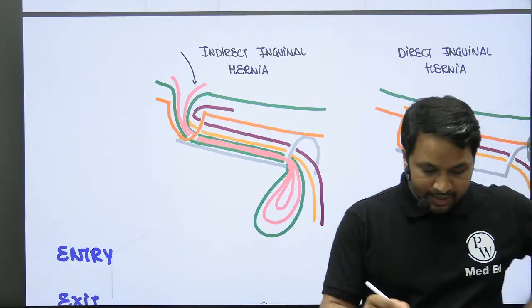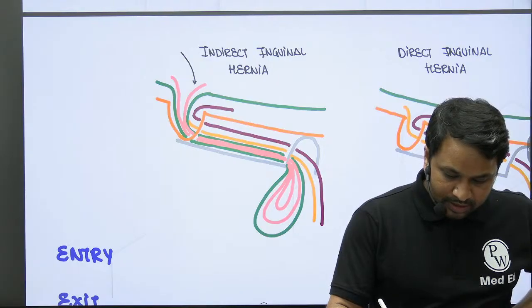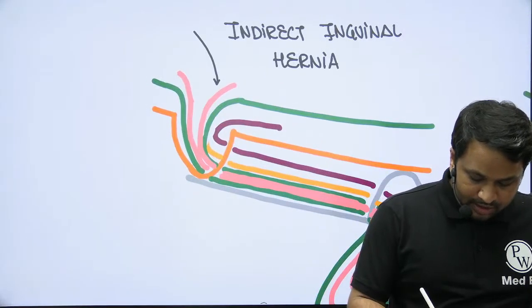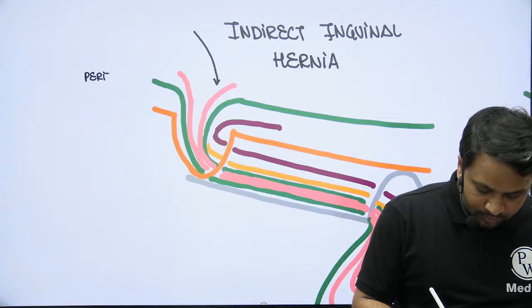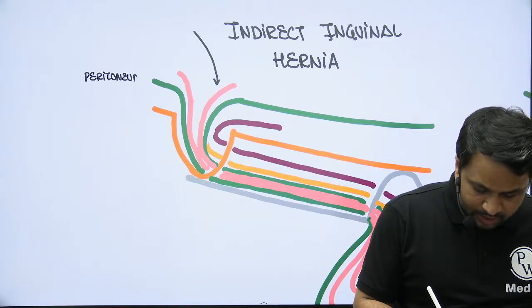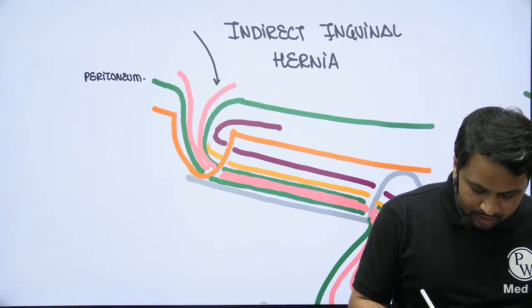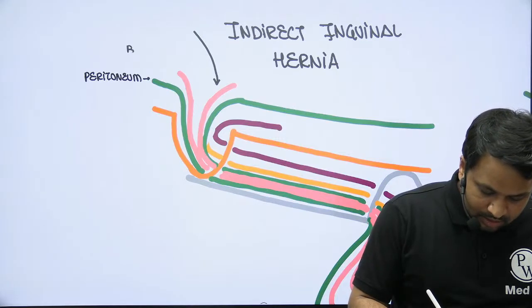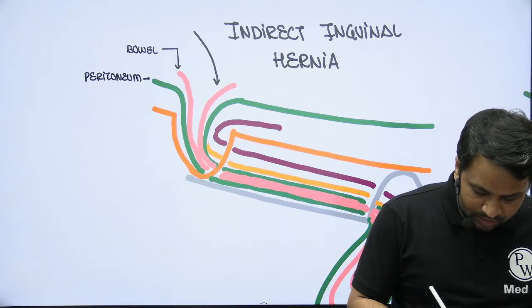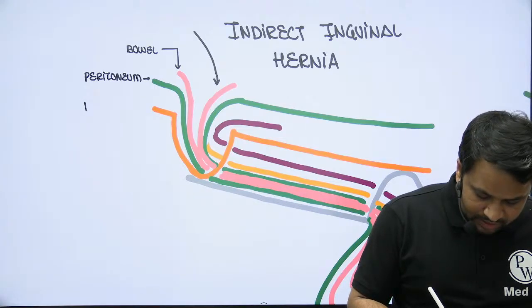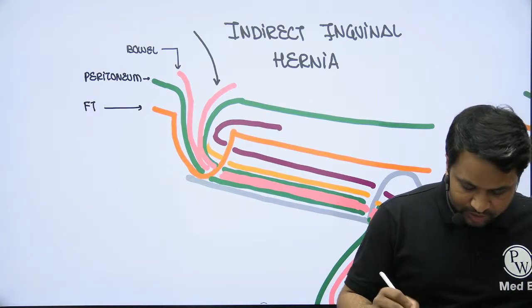So, in an indirect inguinal hernia, just for the sake of understanding, so that we all are on the same page, the green structure that we have drawn, this is the peritoneum. Now, this pink structure that we have drawn, we'll say this is the bowel. This is the fascia transversalis, FT.